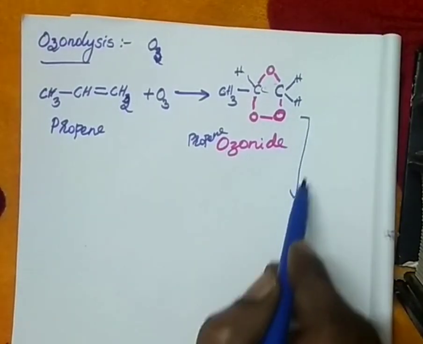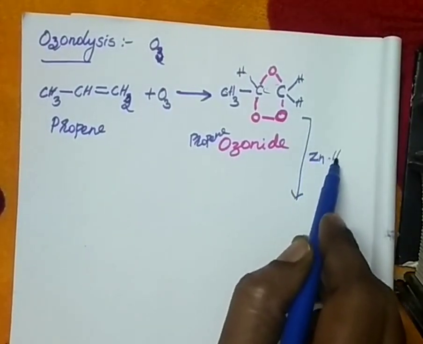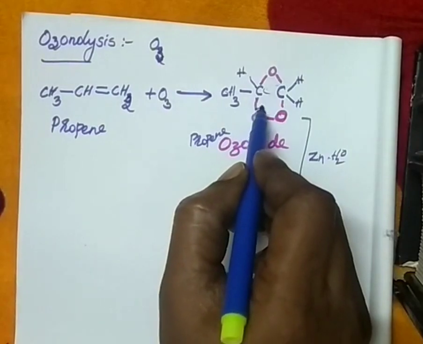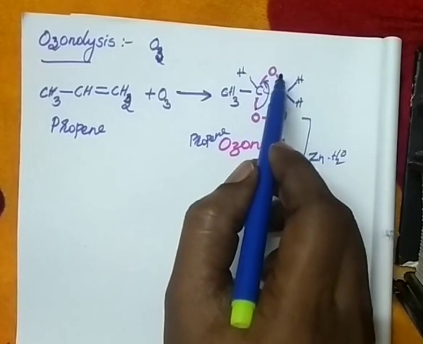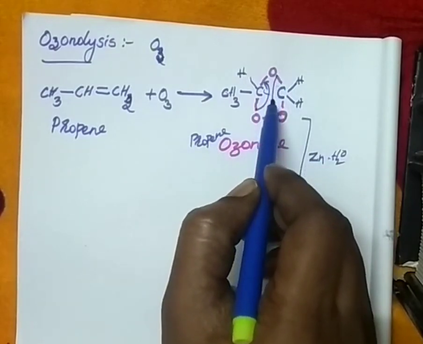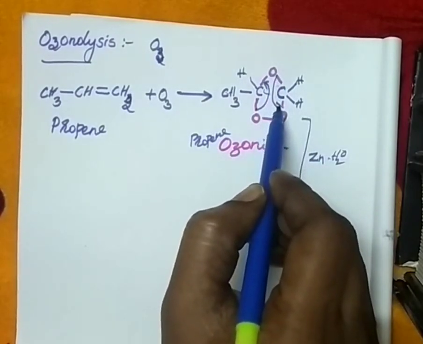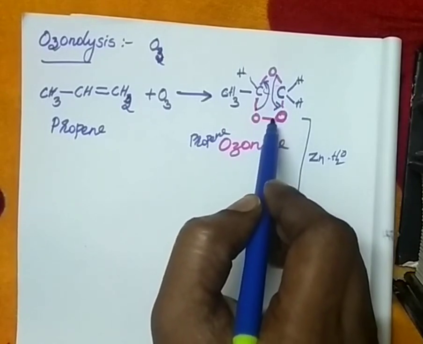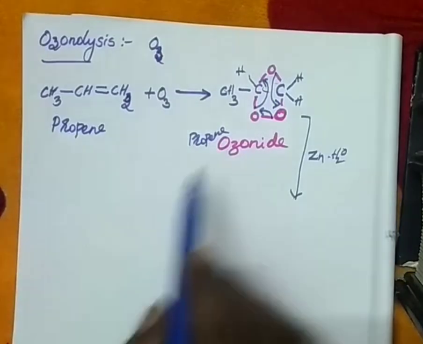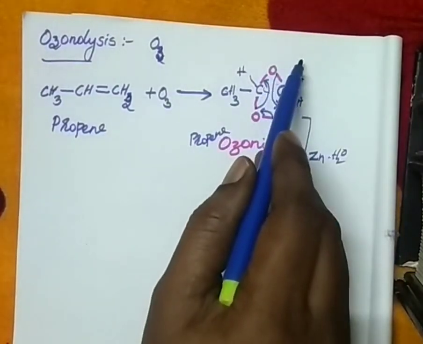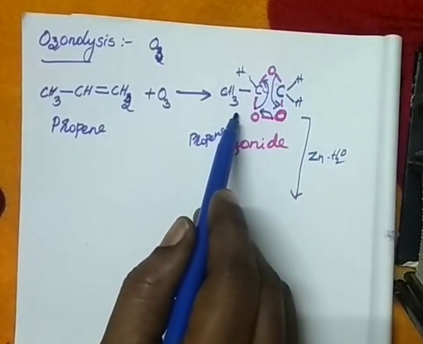And this one, in the presence of zinc, see here, these 2 electrons will be given to this bond to form a pi bond. And this bond gives its 2 electrons to form a pi bond to this. And this electron will be given to this oxygen and the oxygen will go off. Don't worry. Therefore, now finally the whole compound is cleaved into 2.